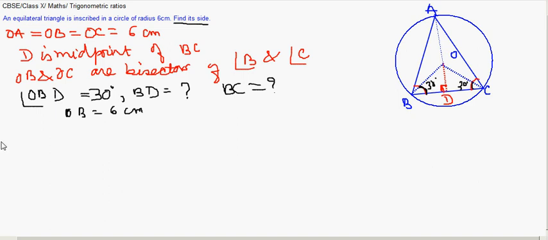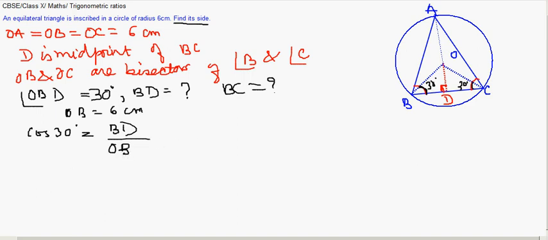So the base and hypotenuse relation is given by cos. So let us take cos of this angle, cos 30, which is base by hypotenuse, giving us BD by OB.